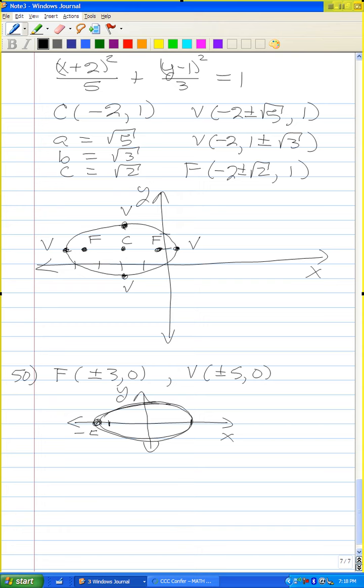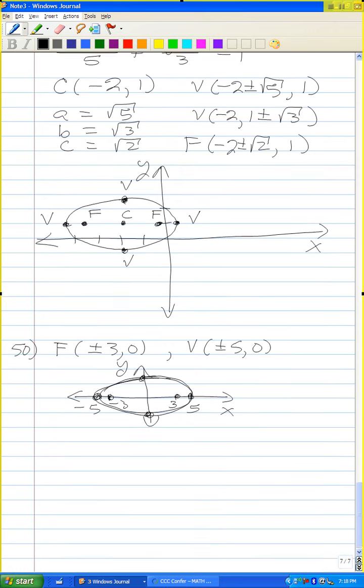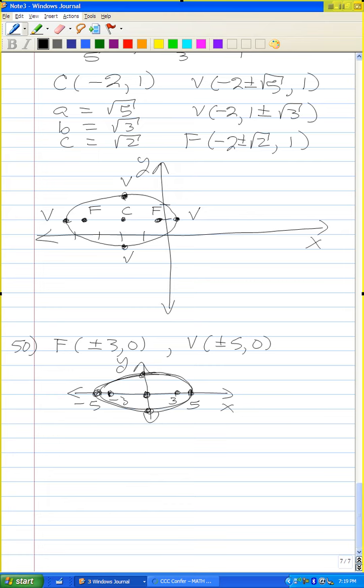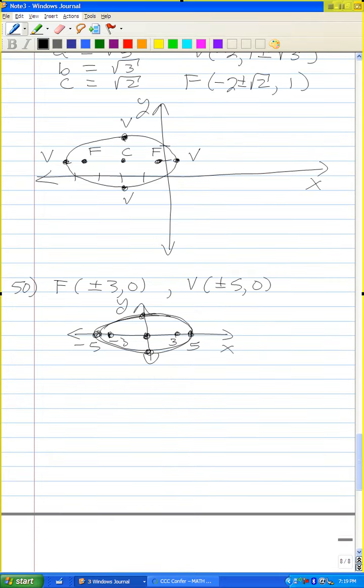So this is 5, negative 5, and then you have the foci at negative 3, 3. And I don't know what B is, but I do know that the center is at the origin, because the center will be at the midpoint between the two foci. It'll be at the midpoint between the vertices.